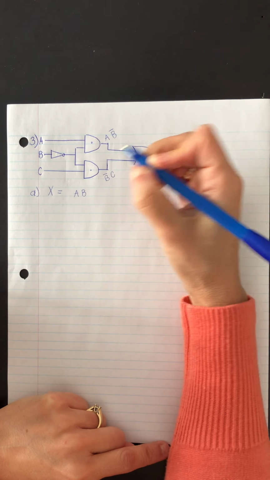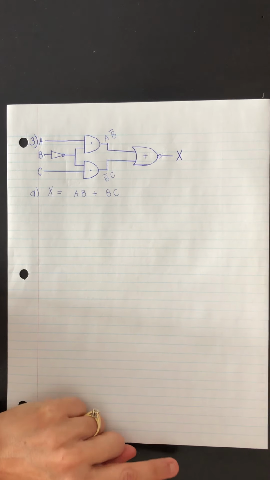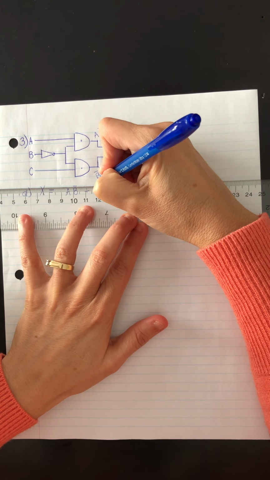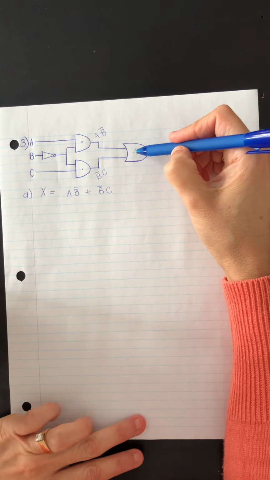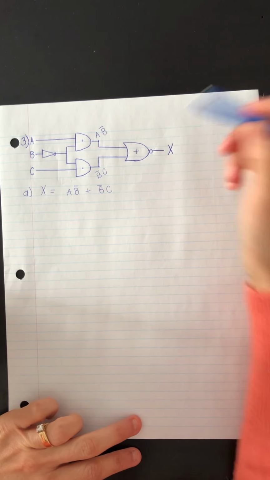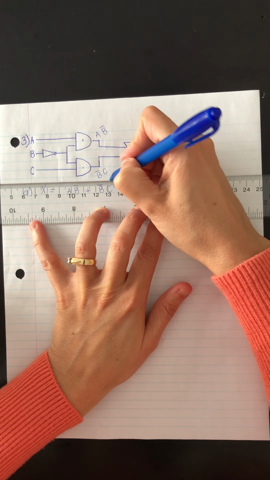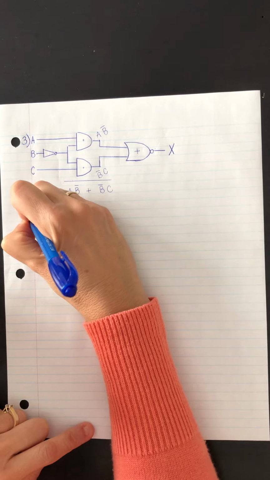We have A, B naught added to B naught C. Okay, so A, B naught is added to B naught C, and then the whole sum is inverted. Just like that.